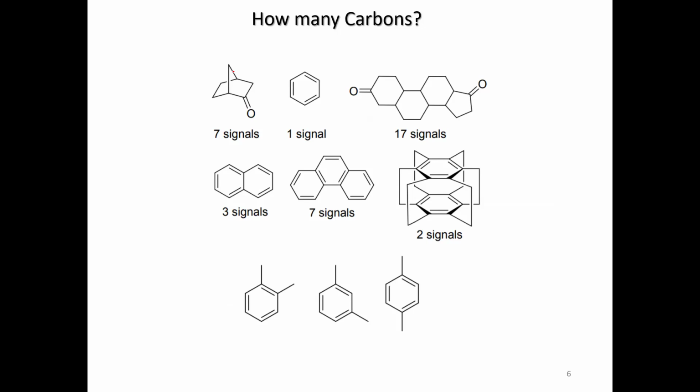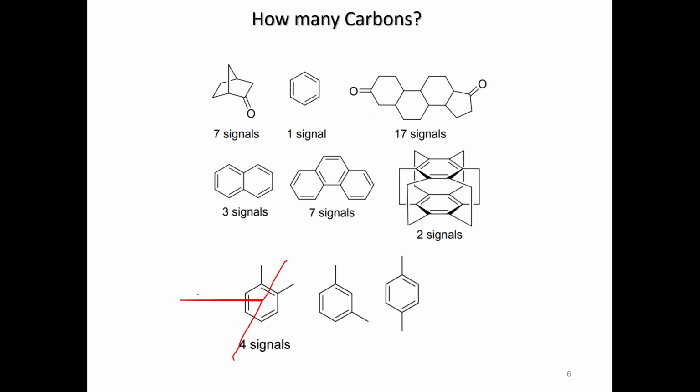What about those? We discussed briefly the proton multiplicity of those, and that's really important when you're doing your exercise. How many signals do you see? Ortho, meta, and para. There is some symmetry here. Someone said 4.